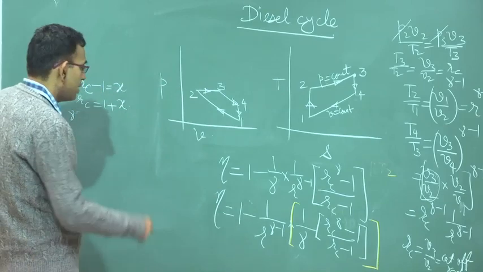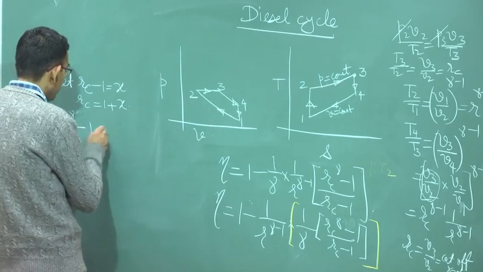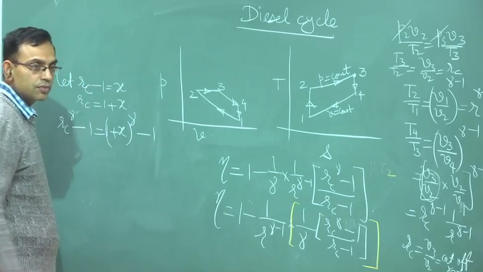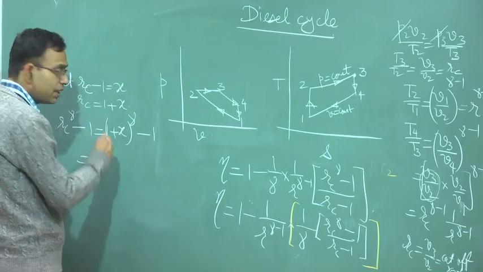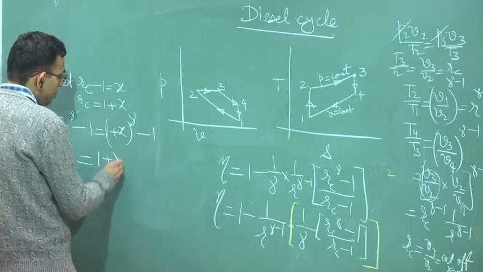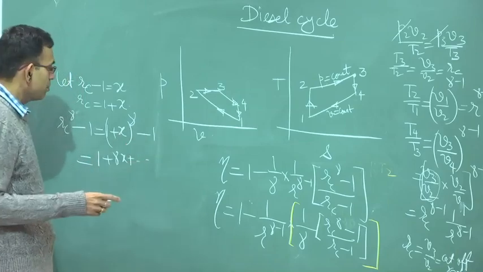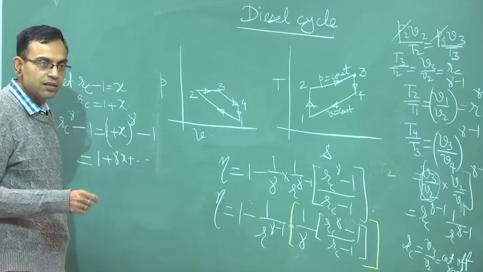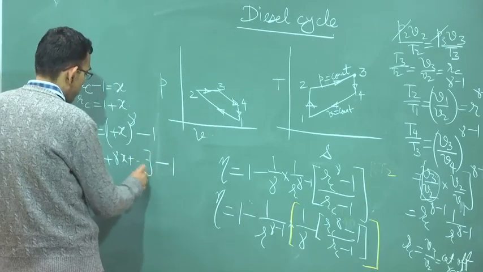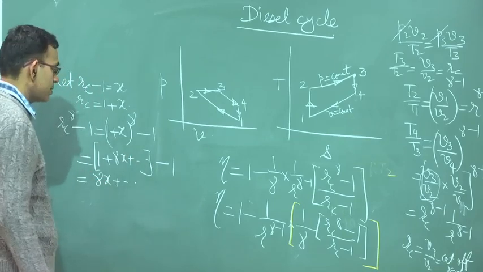So RC to the power gamma minus 1 is equal to (1 plus x) to the power gamma minus 1. 1 plus x to the power gamma you can expand in the binomial series: 1 plus gamma x plus gamma into gamma minus 1 by factorial 2 x square, and so on, minus 1. So this is gamma x plus higher order terms.